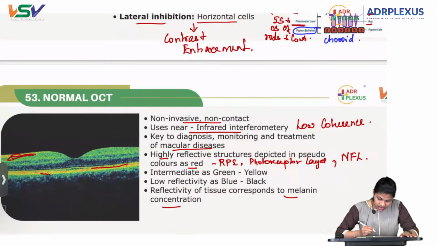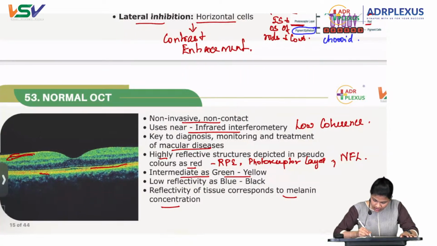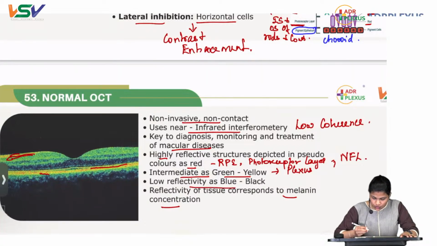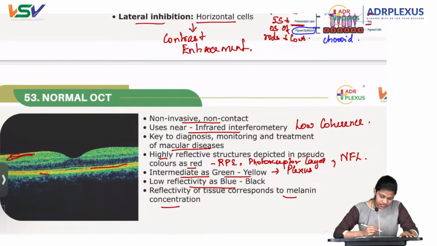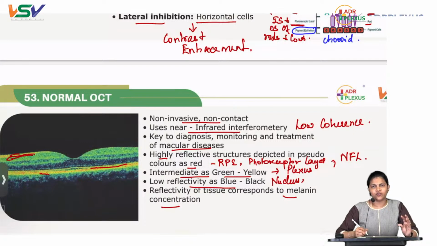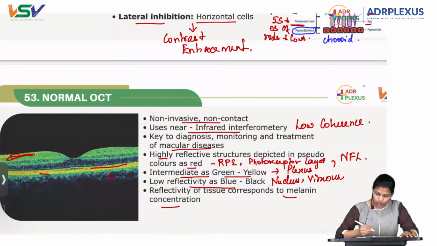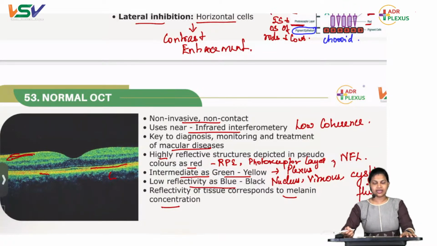Okay, you can see here, and the intermediate is the green to yellow color, where it will be the plexus. And low reflectivity is due to blue or black in color, which is the nuclear layers or other structures like fluid also, like vitreous, this choroidal lumen, and any cystic spaces of fluid will be in blue to black in color.